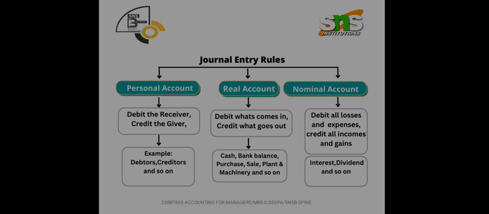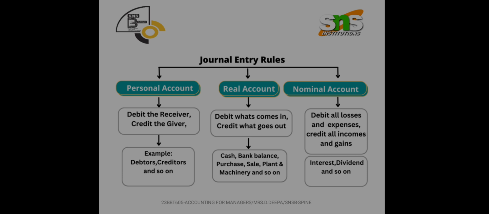Based on the transaction, we should identify what is coming in and what is going out. And next is nominal. Real actually speaks about assets, right? And nominal speaks about all the losses and expenses to be debited, and all the incomes and gains to be credited.